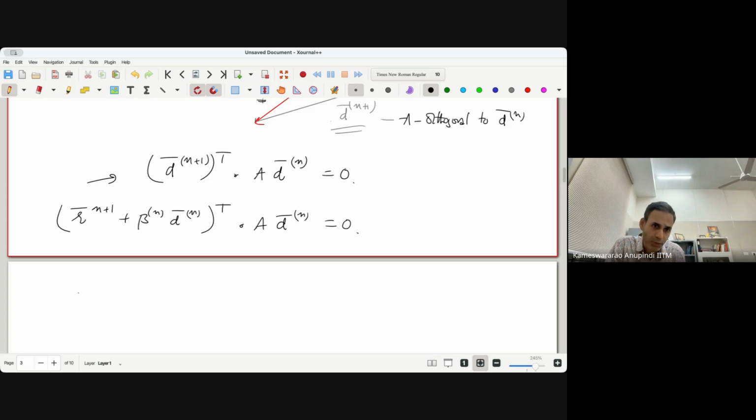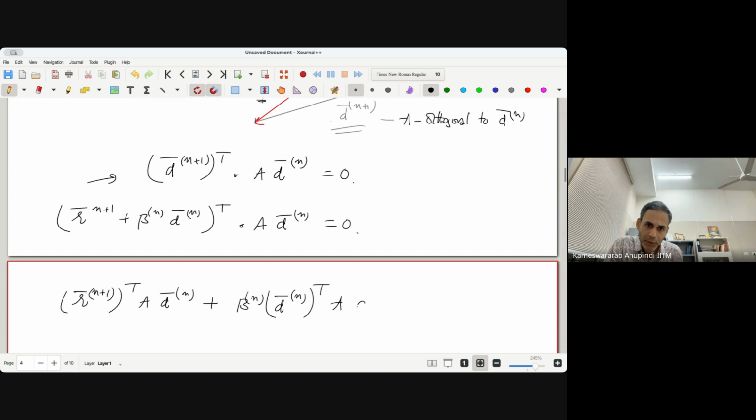Okay, so if this is what I have, I can write this as R bar n plus 1 transpose times A d n plus beta n is a constant, it can be taken out, and we have d bar n transpose A times d bar n equal to 0.